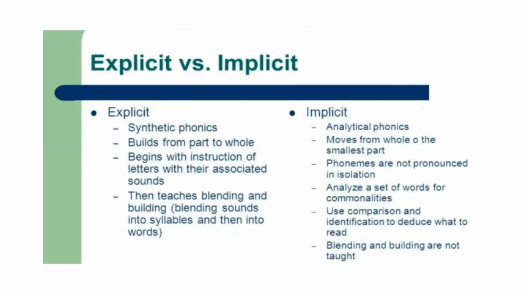Explicit is built from part to whole and begins with the instruction of letters with their associated sounds. Implicit moves from whole to the small parts. Analyze a set of words with common parts. Use comparison and identification to detect what to read.